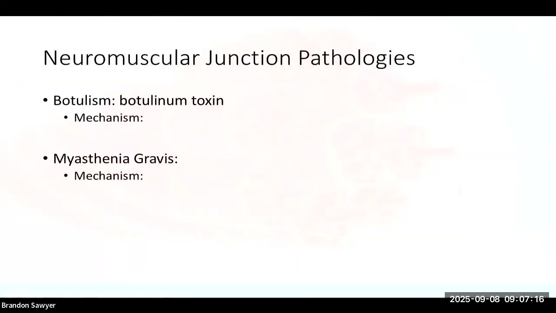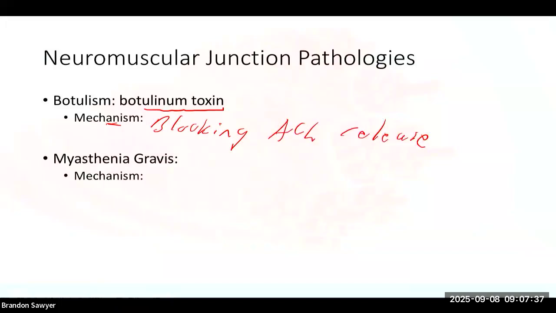Okay, so a couple things that can happen in the neuromuscular junction, pathology-wise: botulism, which is caused by botulinum toxin. The real mechanism here is that it's blocking acetylcholine release. When we look at the nervous system, we'll look a little bit more in detail at the mechanism there.